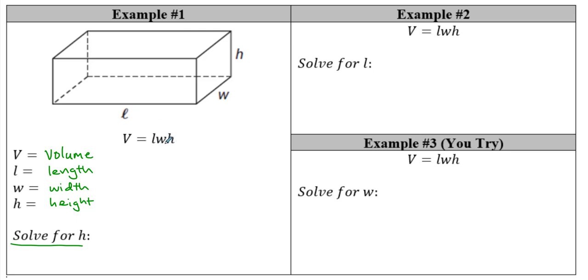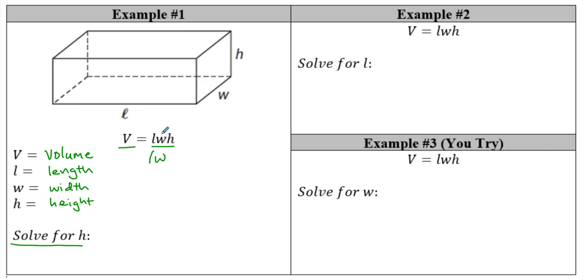So we want h to be by itself, not the v. And remember, if all of these factors are multiplying, the inverse operation of multiplying would be dividing. So we want to make sure that we keep the h and we divide everything else out, and we can do this in one fell swoop.